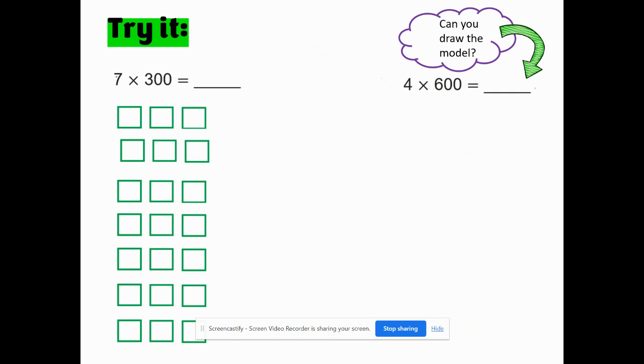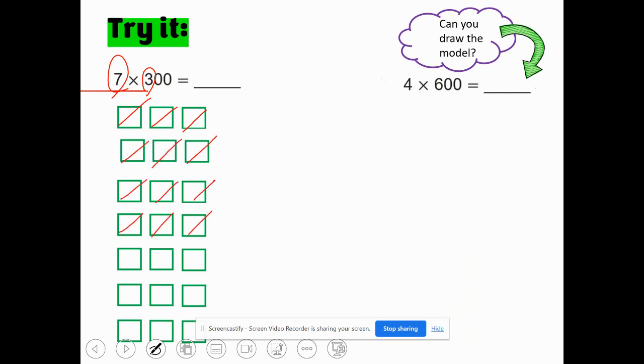So here I'm doing 7 times 3, but I'm actually saying 7 times 300. Each one of these is worth 100. So if I count, I have 1, 2, 3, up through 21.